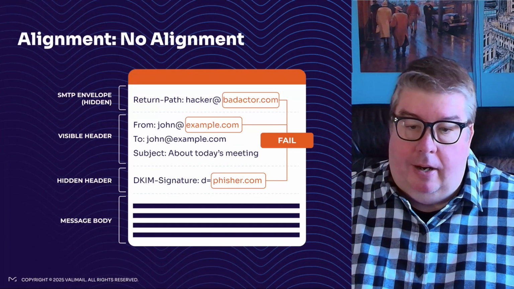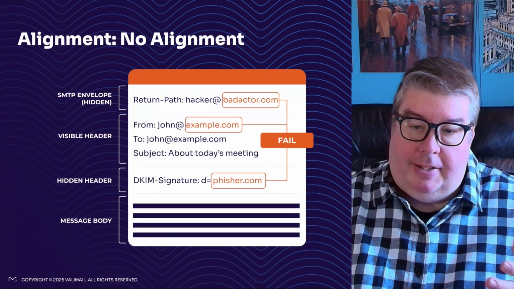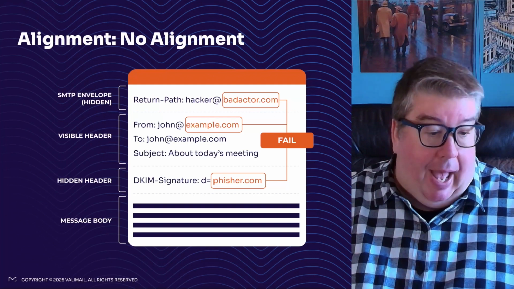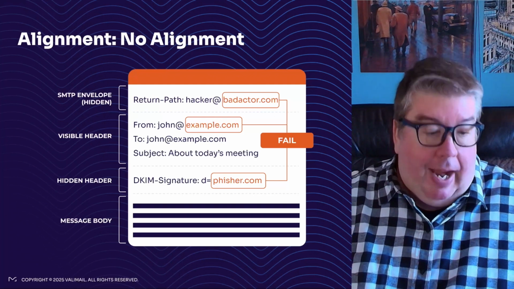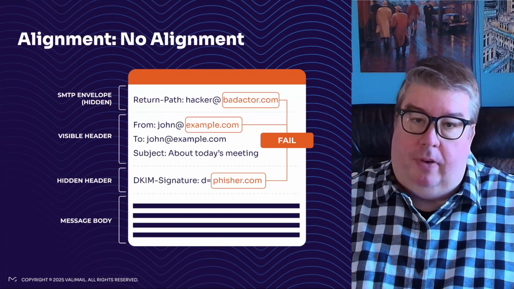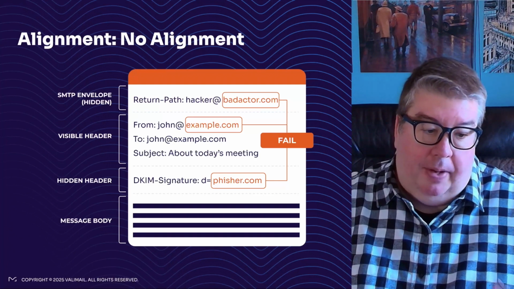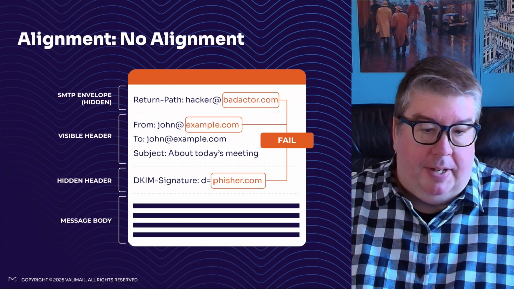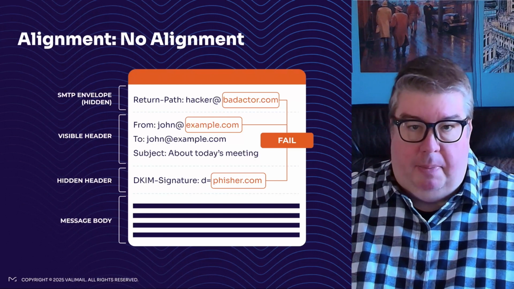An example here is they might send with their own domain in the return path, and that could have an SPF record. It could pass SPF authentication. So you've got an email message that passed authentication checks, but it doesn't align with the visible from domain. It means they're not authenticating with the domain that shows up in the from address. And so the from address is not being shown to be the responsible entity for the message.